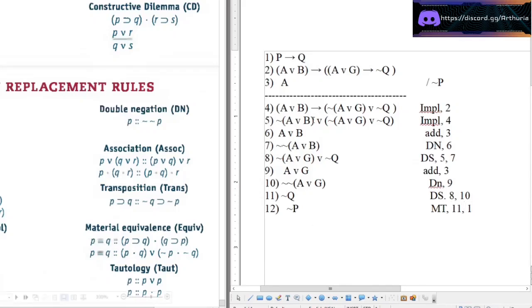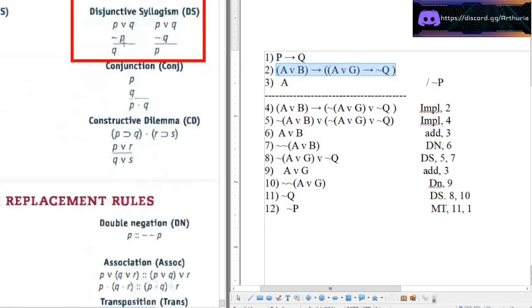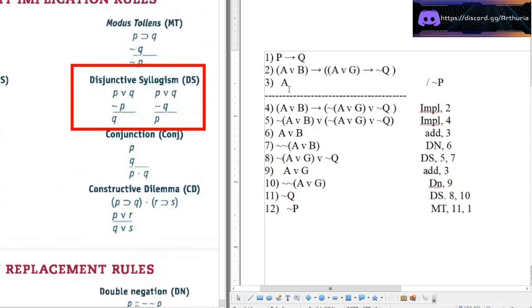So remember I said that you can hide a modus tollens in something very easily. So when I made up this problem, right, my thought was I'll give you what you need to get rid of this guy. And then inside of that, I'll also give what you need to get rid of this guy. So then you modus tollens 1 with your not Q that you eventually get out of it.